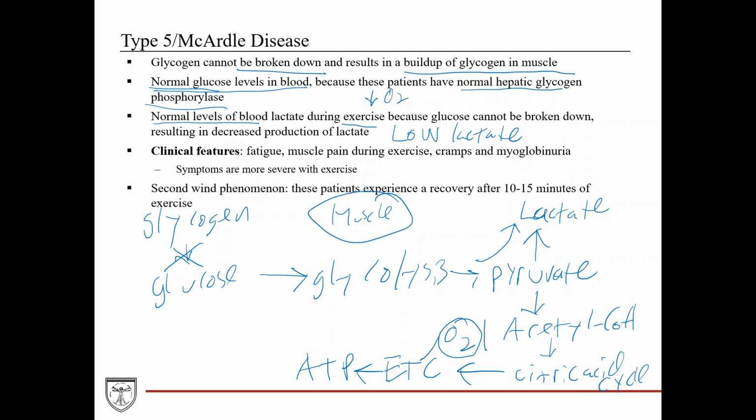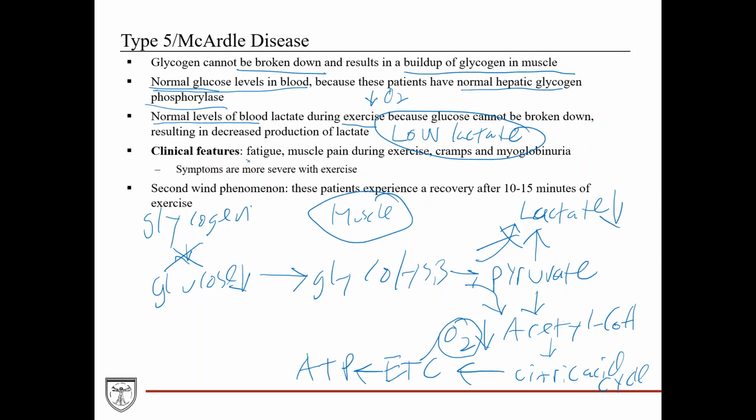Even though you still have decreased levels of oxygen, that doesn't change. You have significantly decreased levels of glucose available to go through glycolysis. So since you have such a decreased level of glucose, which is then not affected by this decreased level of oxygen during exercise, it actually causes it to shunt towards aerobic respiration and use up whatever oxygen is still remaining. And so that's what leads to low levels of lactate after exercise.